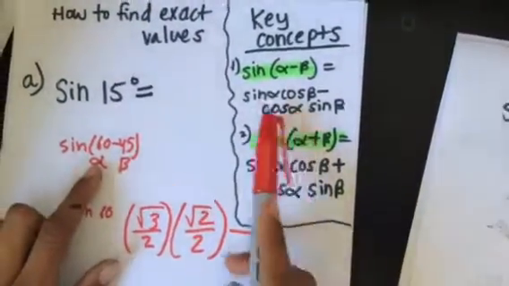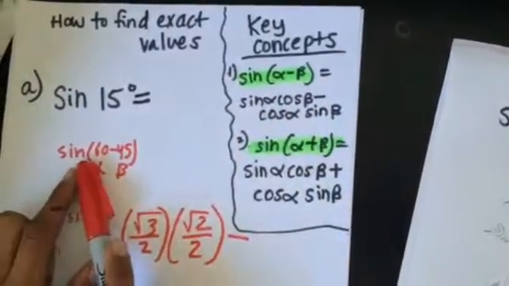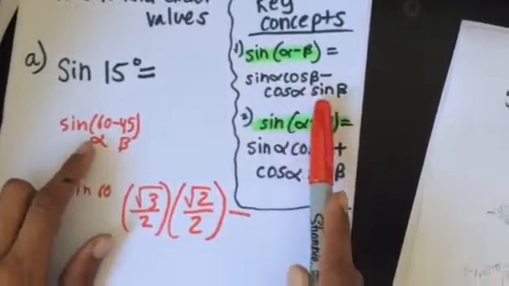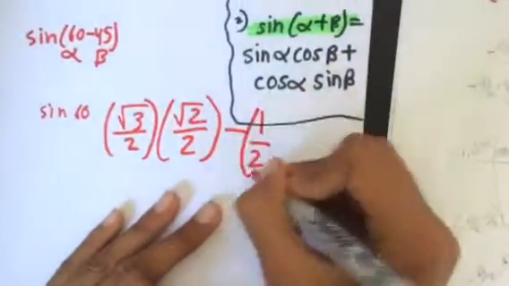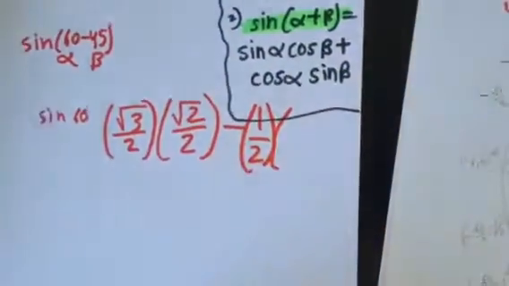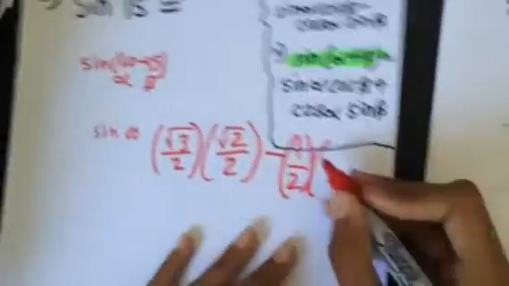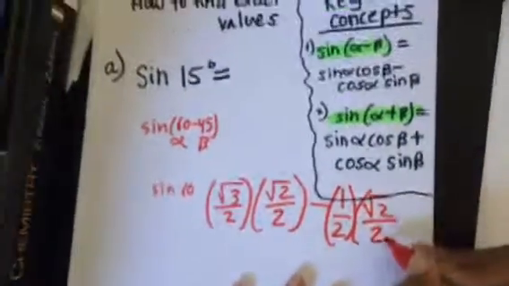So this time, it's going to be the cosine of alpha, which is one half, multiplied by the sine of beta. The sine of beta is radical 2 over 2.